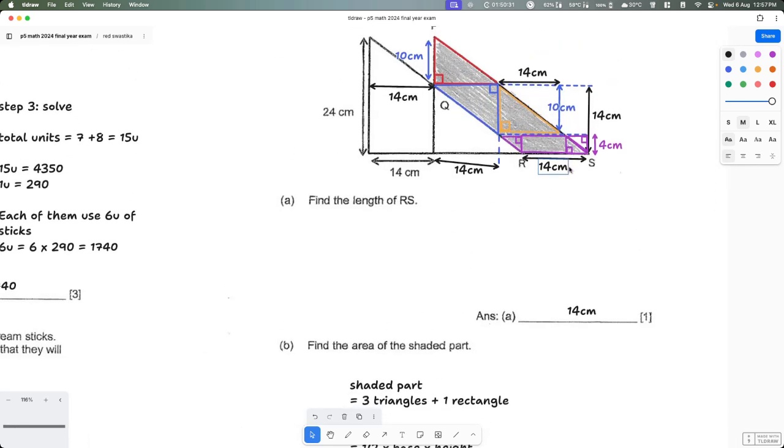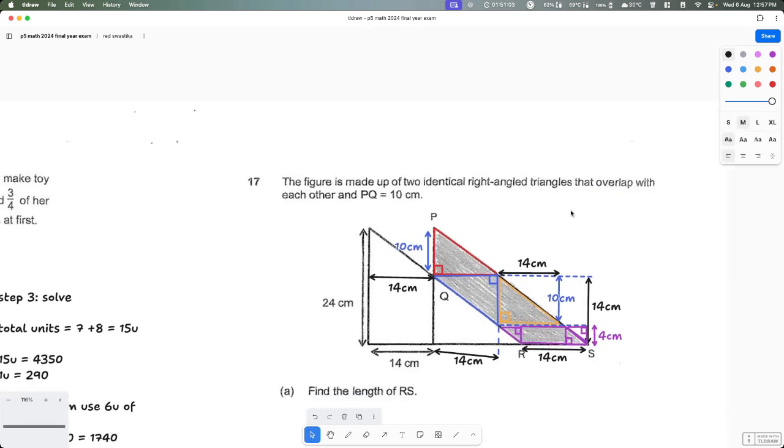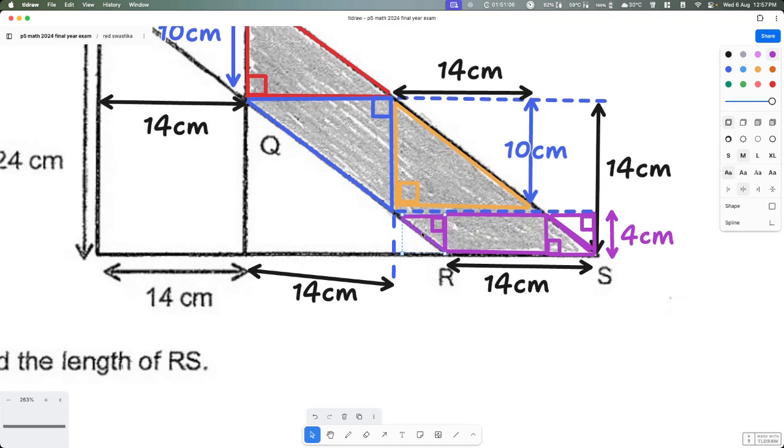And then what about the rectangle? So three triangles. So one triangle area, three triangles area, one rectangle area. Is equal to 3 times 70, which is equal to 210. Three triangles area is 210. All right, so what about the rectangle area over here? So we can actually put this whole thing as dotted lines.